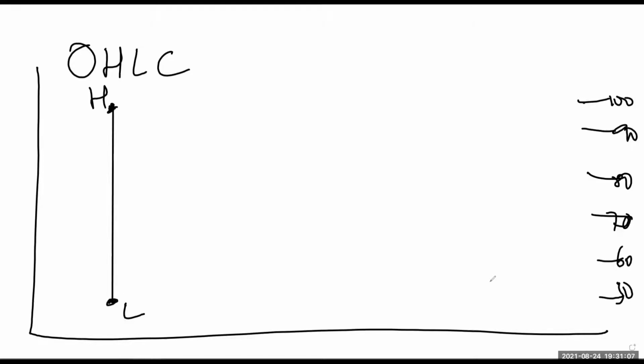Obviously, in real life, you cannot see such drastic movement, but just for the sake of your understanding, I'm telling you. Okay, so the highest point of the day, if this is a daily chart. Now if this is an hourly chart, that means the highest point of the hour was 100 and the lowest point of the hour was 50 rupees. Okay, all right.